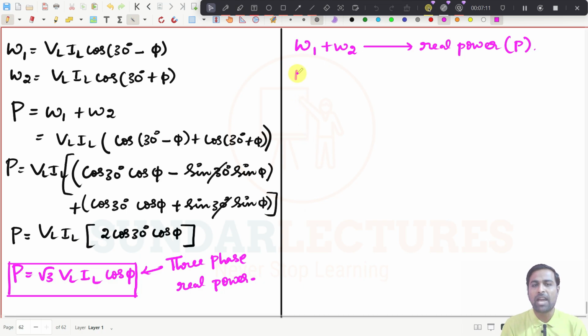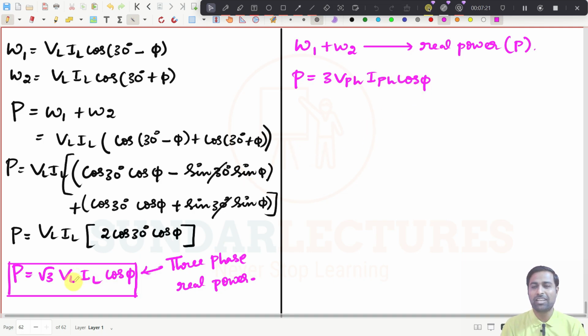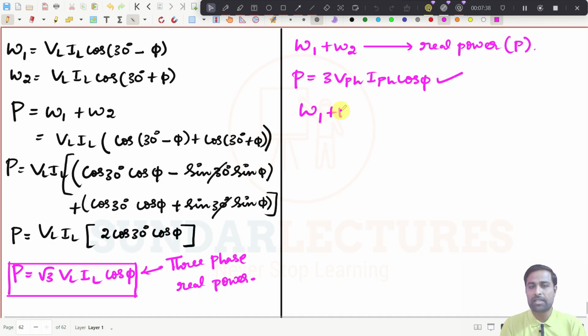Maybe I can write this as 3 V phase I phase cos phi, because in a star connected circuit, I can replace VL with root 3 times V phase. This is also a correct value, right? So W1 plus W2 is equal to 3 V phase I phase cos phi.